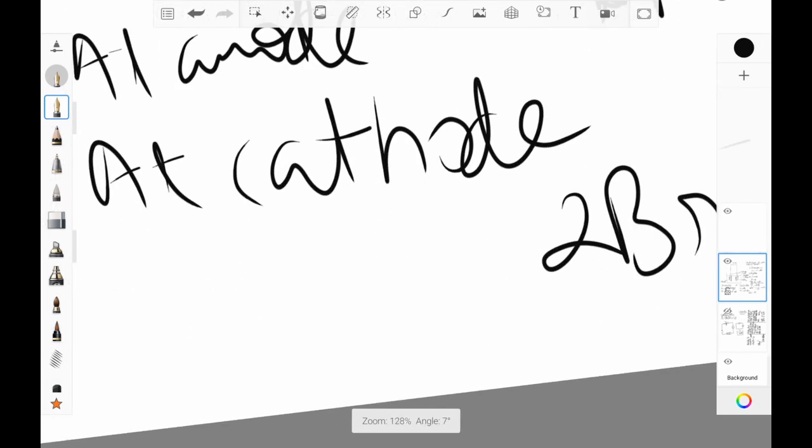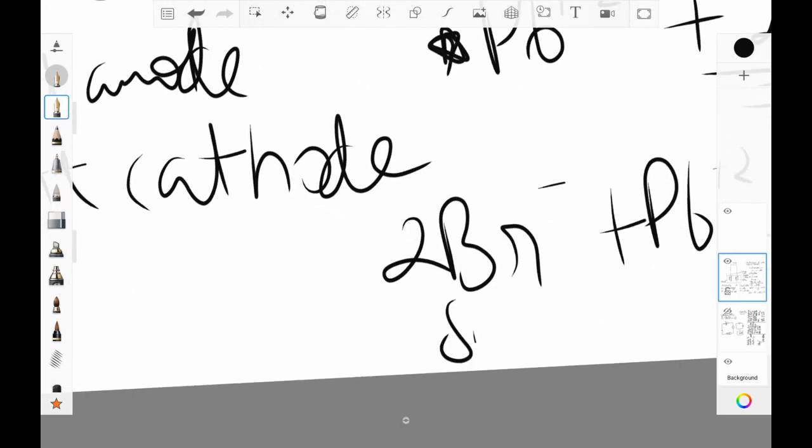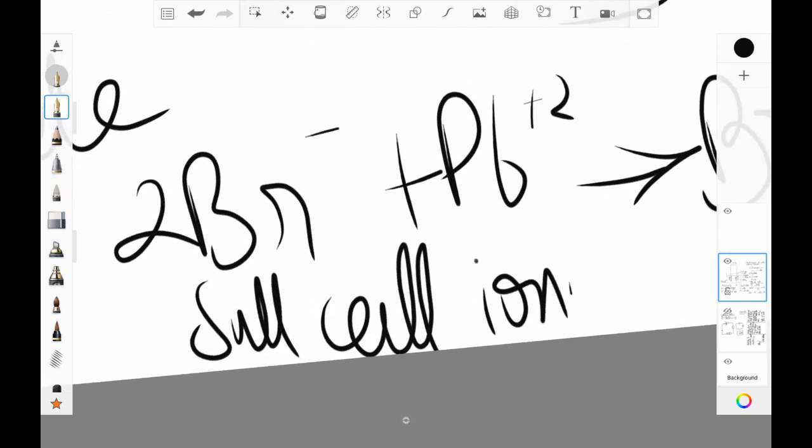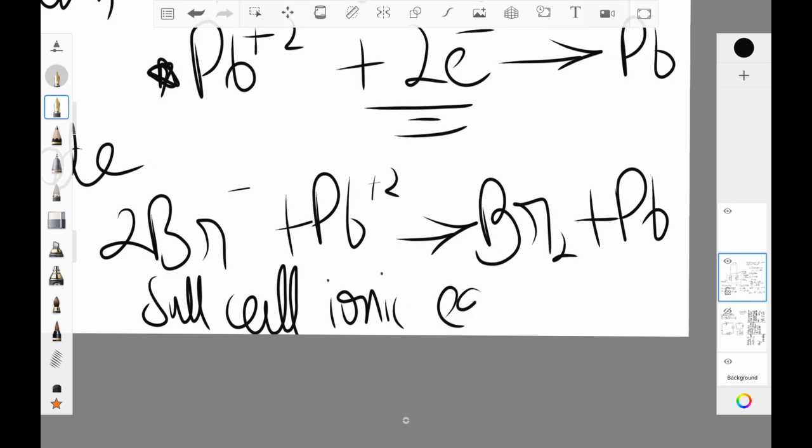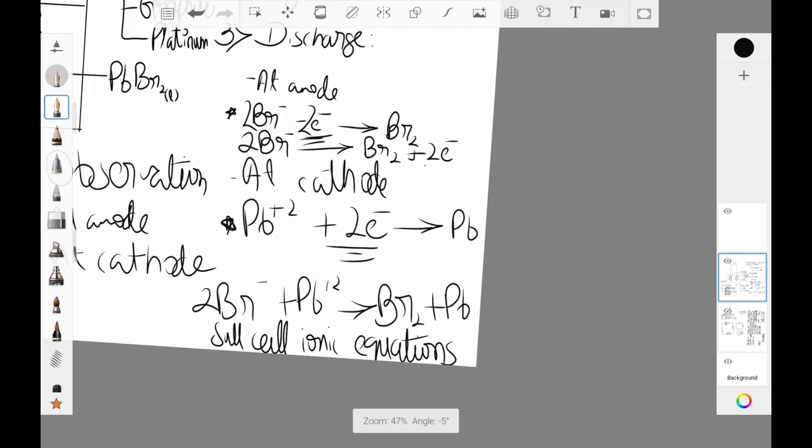This is the full cell ionic equation, while the previous two that we wrote were half cell ionic equations.